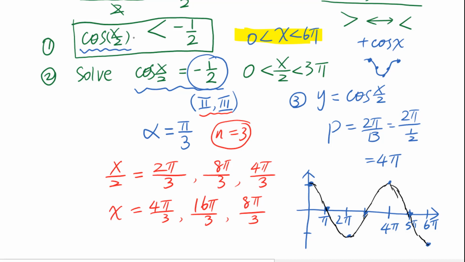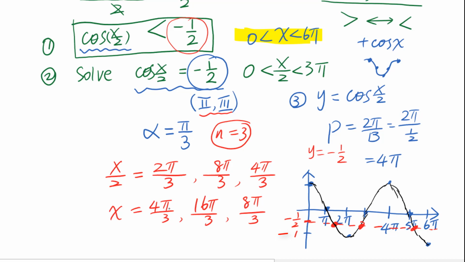Then we need to sketch the graph for y equals -1/2. For y equals -1/2, so here's -1/2. Let's draw this line. You could say you get 3 intersections.